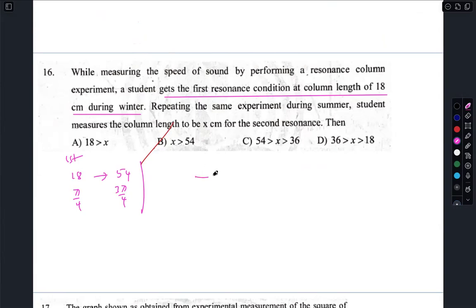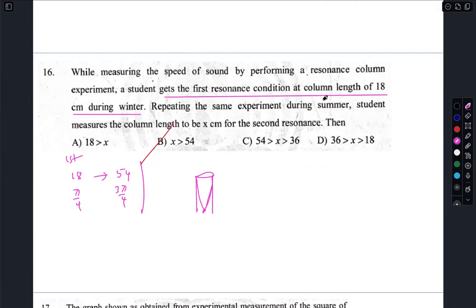resonance. Now, what will happen is in winter, suppose this is lambda, lambda gets affected actually, right? So velocity decreases, lambda decreases.